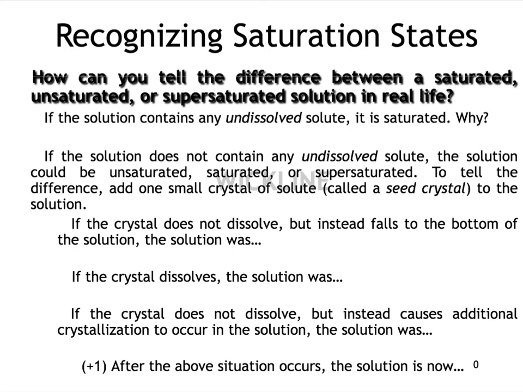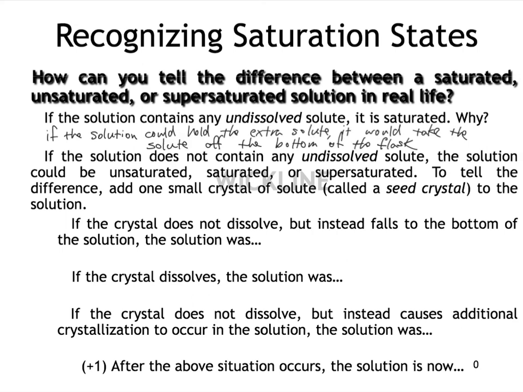So, if you see some undissolved solute on the bottom, then think, what is the solution above that solute doing? It must be holding all that it can hold. Otherwise, this solute on the bottom would be dissolving. So if it's not dissolving and it's just sitting there, then you know for a fact that the solution above that solute is a saturated solution.